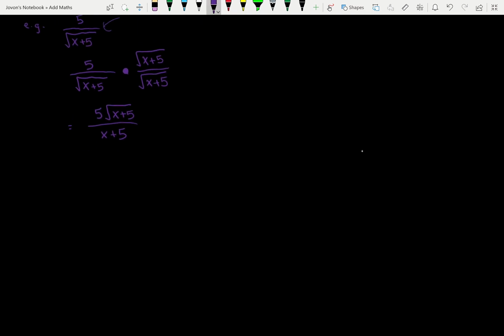So another example now here, stepping it up, this one's a little bit harder, is let's say we just have x over the square root of x plus 5 minus 1. Notice that the square root isn't over the entire denominator, it's only over the x plus 5.